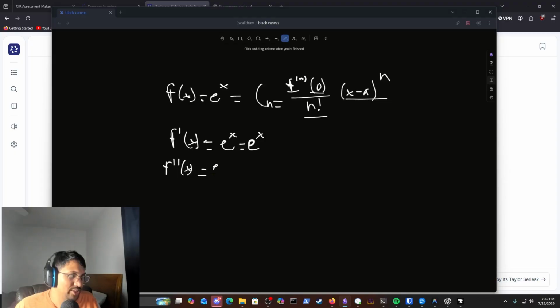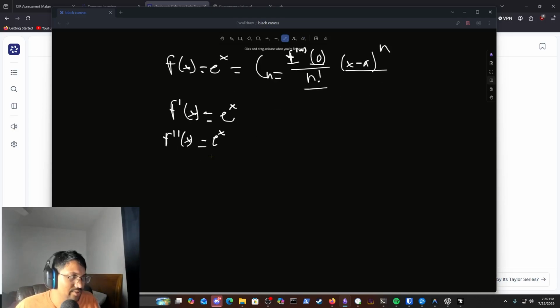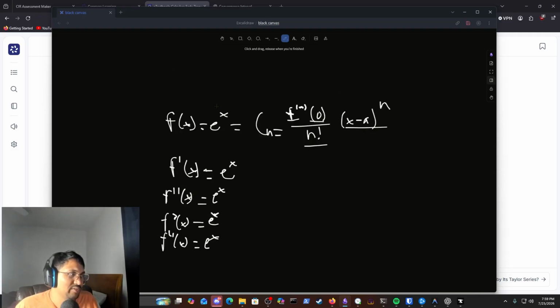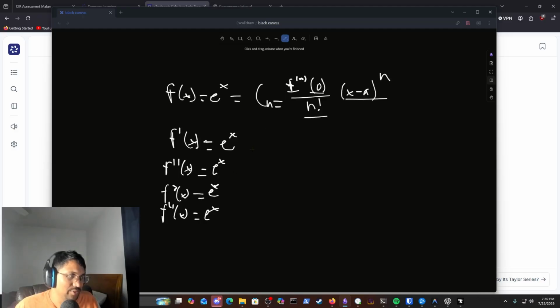This should be just e to the x every single time. Actually, we don't even need to write this because we've already defined e to the x there. Do it 3 times, and no matter how many times we do this, it's going to be e to the x.